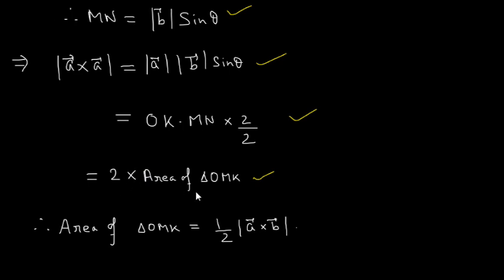So 2 into area of triangle OMK. Instead of the values, we can write vector A and vector B. So the area of triangle OMK is equal to half modulus of A cross B.